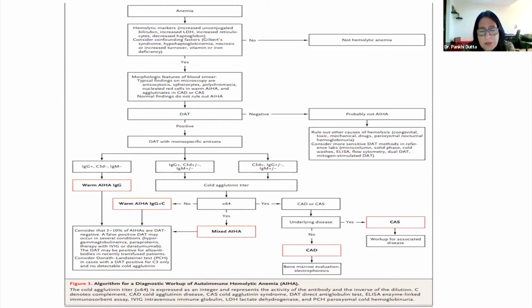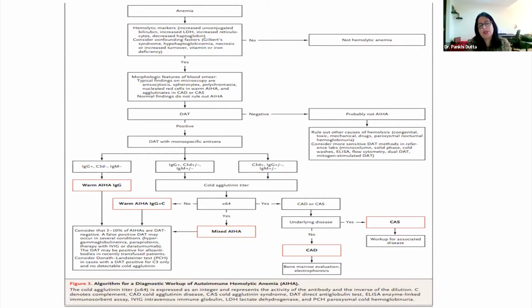Most of the time, IgA is not available in the polyspecific antisera and even the monospecific antisera. So if it's IgA, one rare type, you'll not pick it up. Sometimes you might try to elute out the antibody from the cells, concentrate it, and we might pick it up. A false positive Coombs test is also possible with the use of daratumumab, IVIG therapy, some paraproteinemias, and hypergammaglobulinemia.